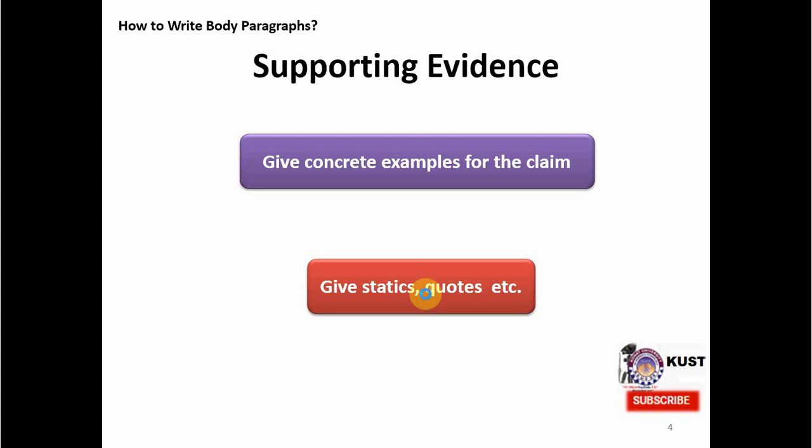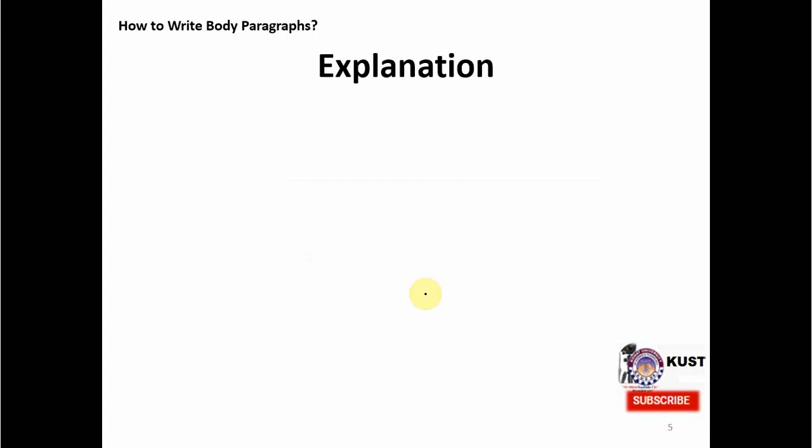Okay, once this has been done, then we come to the explanation. Now you have brought in the evidence, you have the topic, you have the claim, but some of the readers still have not taken your point. So you need to make an explanation. You need to give an explanation by connecting your evidence to your claim.